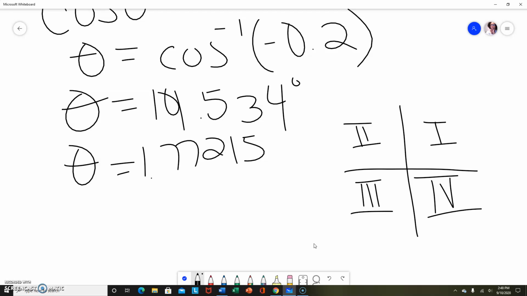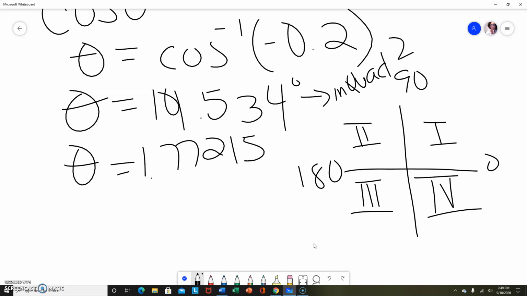We can see that our answer is in the second quadrant because we go from 0 to 90 and from 90 to 180. I mean 90 and 180. So 101.534 is in quadrant 2.